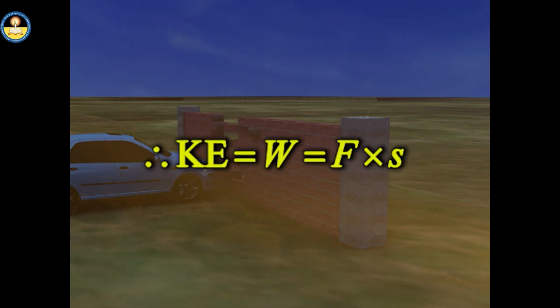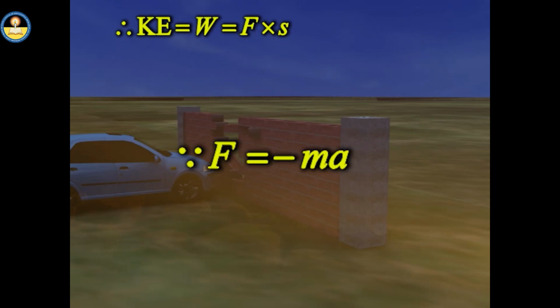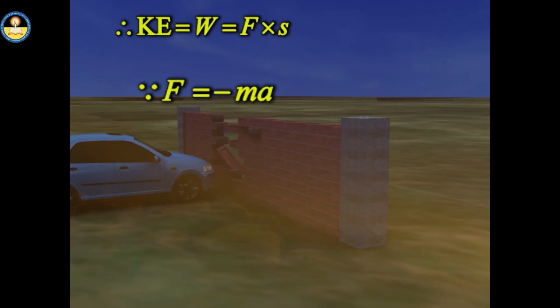In other words, the work done against the opposing force F is also equal to the kinetic energy of the body. According to Newton's second law of motion, force F is equal to the product of mass m and acceleration a.